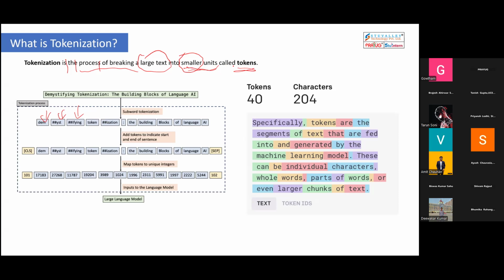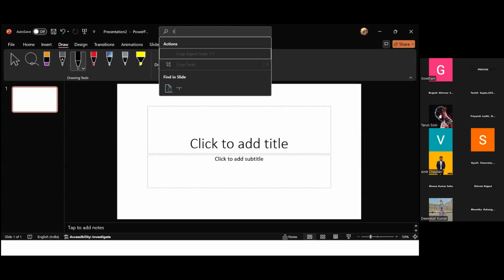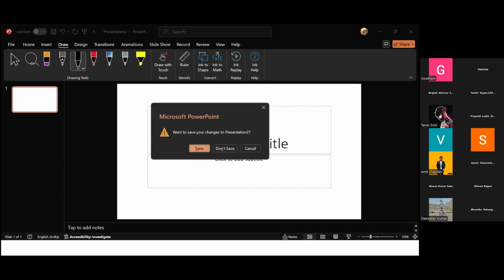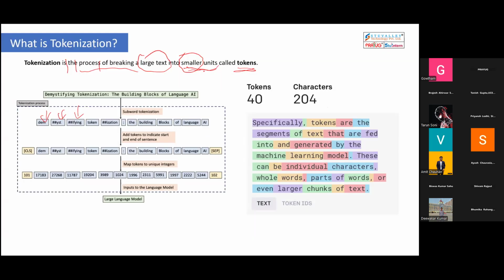What are the different techniques available to convert text into tokens? There are multiple kinds of smaller units. One is the word base: if this is the word, then I am tokenizing on the basis of the word.